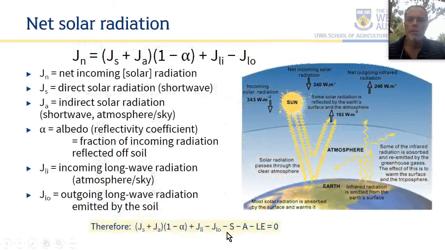Okay. So if that's true, the incoming radiation minus all of those things must be zero. In other words, the energy coming in balances the energy going out of the system or remaining in the soil. Okay. So the S minus A minus LE, that's energy remaining in the soil or being lost from the soil system. And the other parts, the J parts plus the albedo, represent the energy coming in. So energy coming in minus the energy going out is zero.